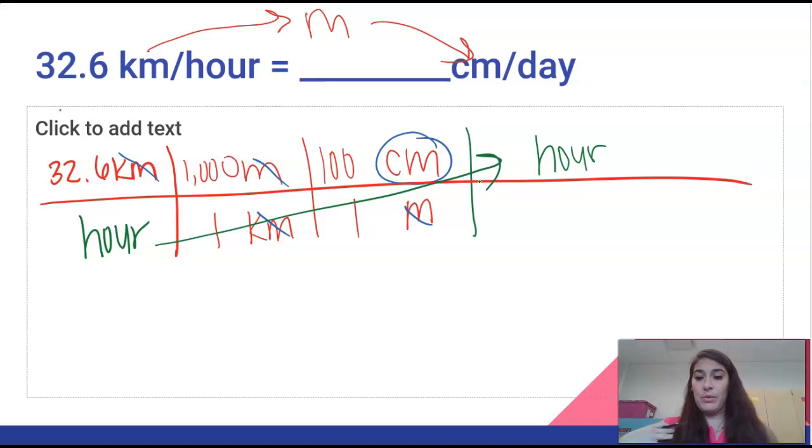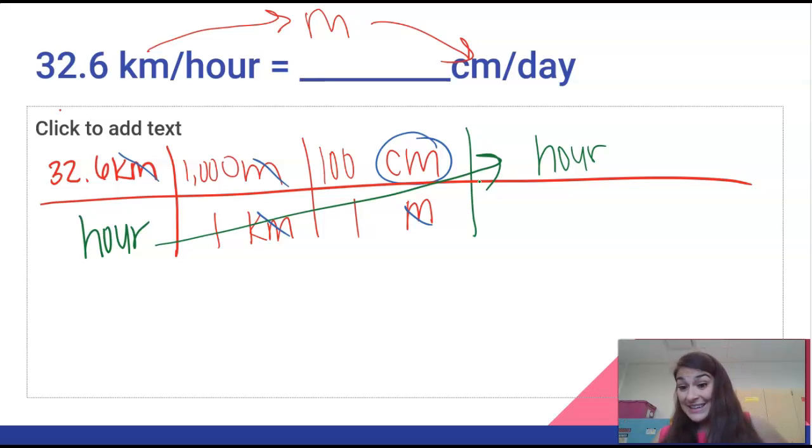I'm given hours, and I'm asked to get to days. So I pause and think, okay, hours and days, can I relate those directly? The answer is yes. But let's say it had been weeks. Well, I don't know how many hours are in a week, so I would go hours to days and then days to weeks. Or if it had been a year, hours to days, days to a year.